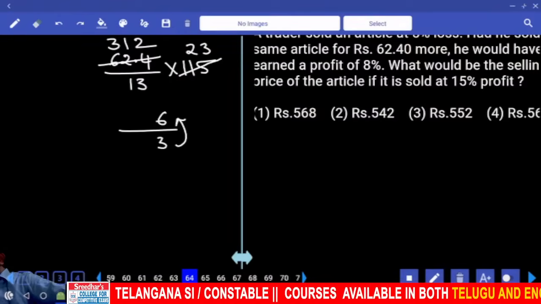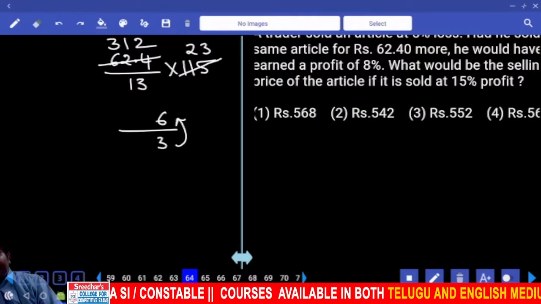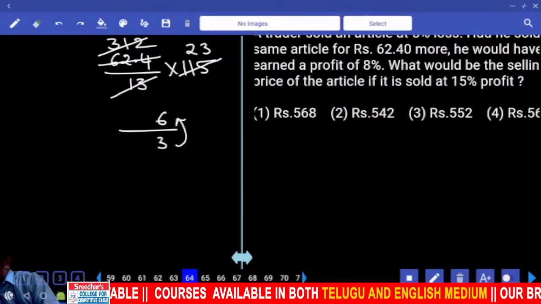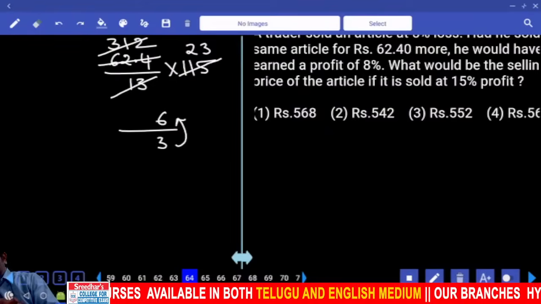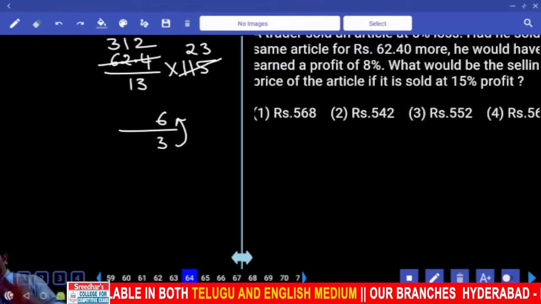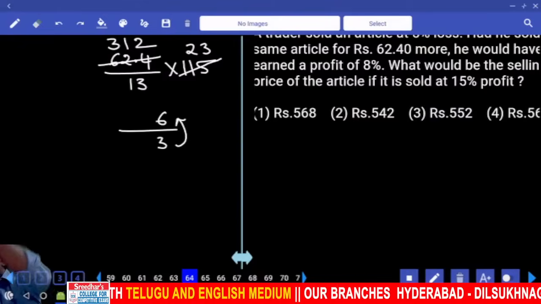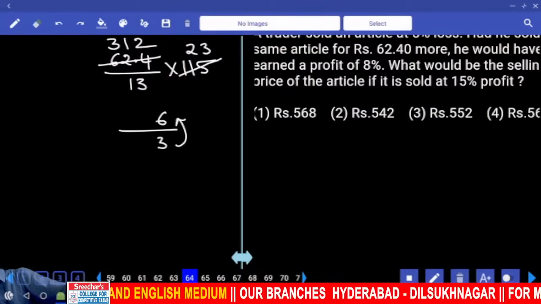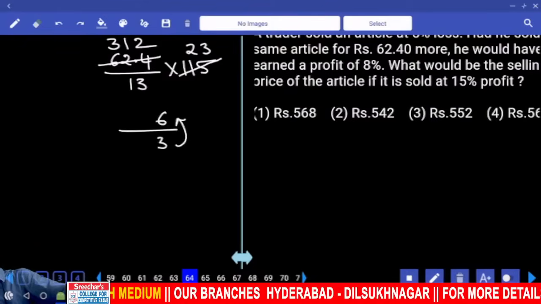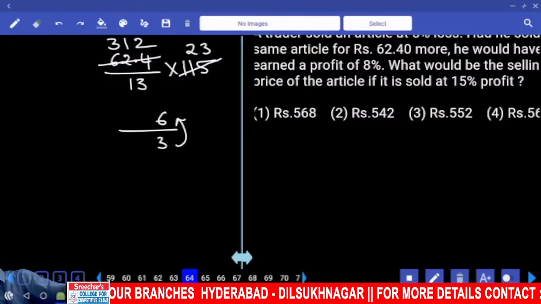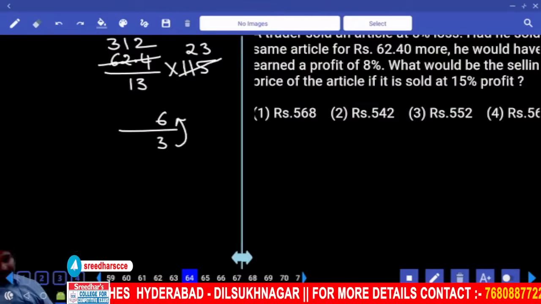If you are comfortable with 13 multiplication, you can go for it. But as per me, I know only 11 multiple. That is the highest multiple which I know. So I don't go for cancellation. I'll verify last digit. Okay. Right.